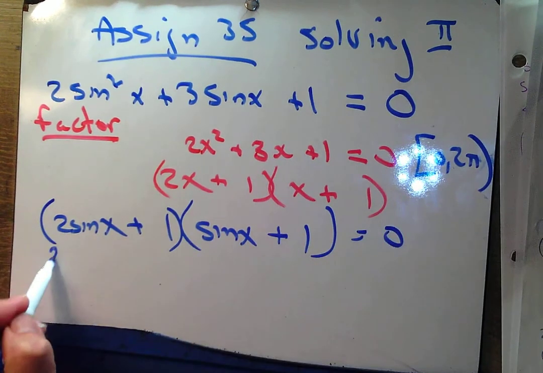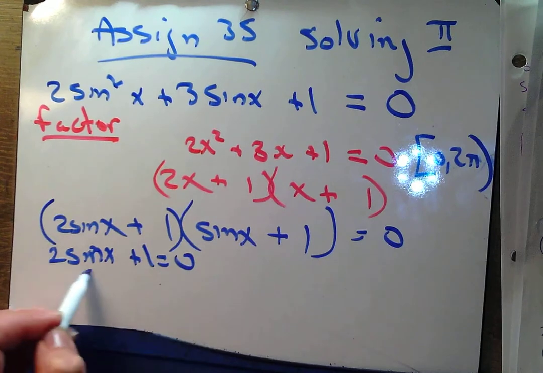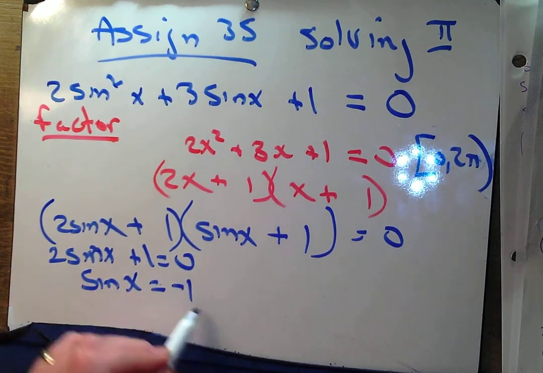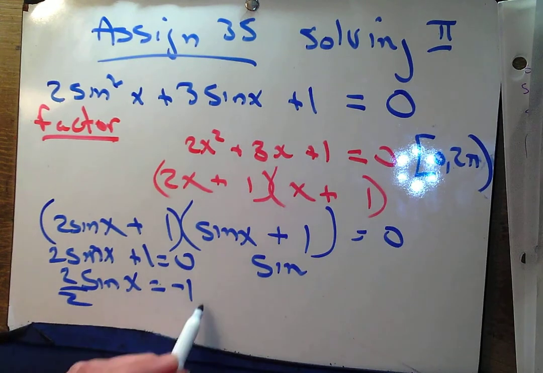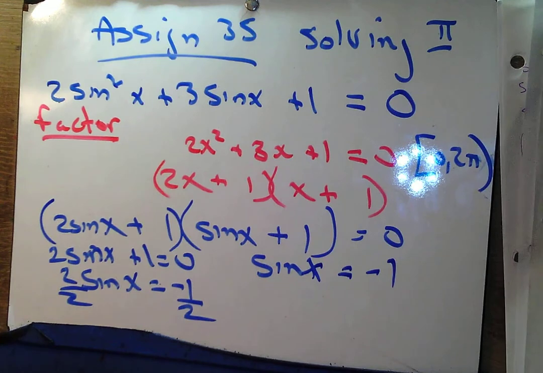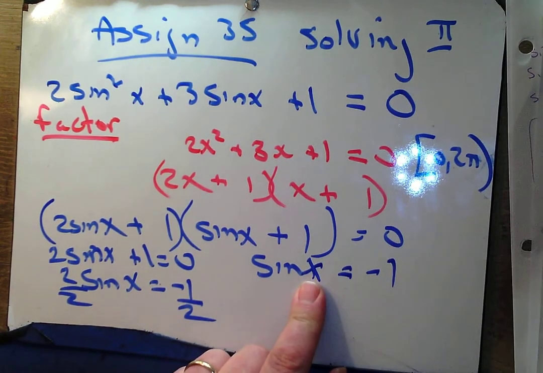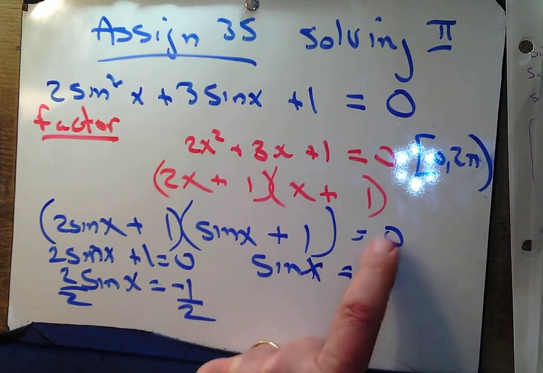And so now we can set each of these factors. Oops. That's better. And sine x equals negative 1. Okay, so where is the upness? Where is the y value? What angle has a y value of negative 1?